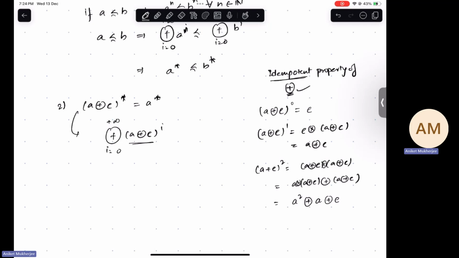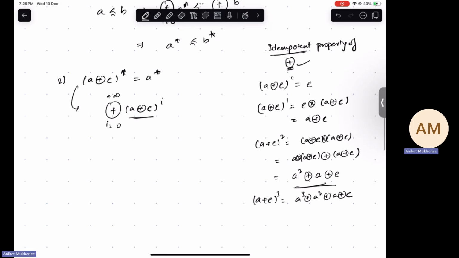If you look at the example that we have seen for the min plus algebra, which is also a dioid or a semi-ring, there the plus operator was replaced with min. So min is idempotent, so min of A comma A is A. So yeah, that works out. Similarly, if you do (A plus E)^3, what you'll get is A^3 plus A^2 plus A plus E.